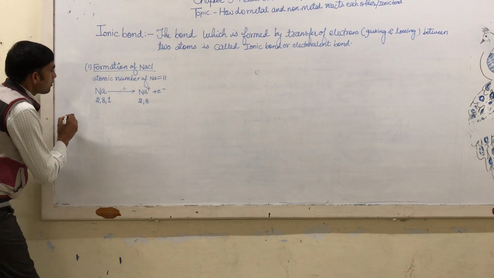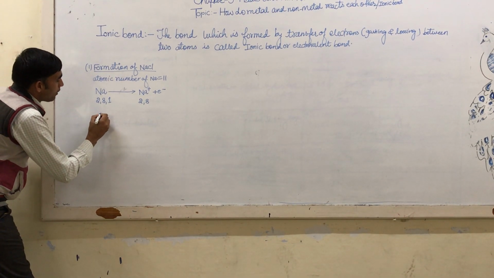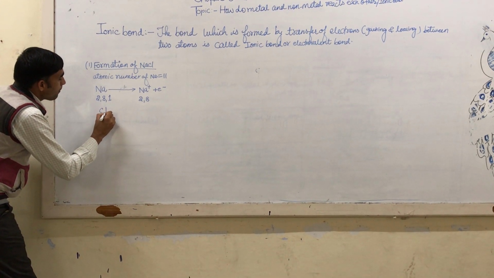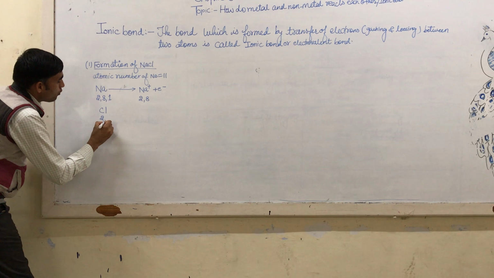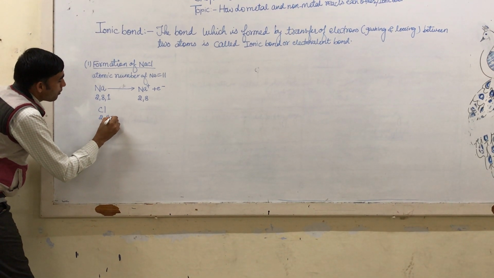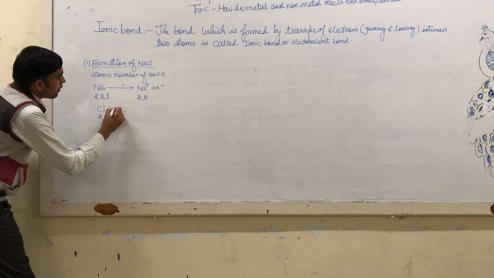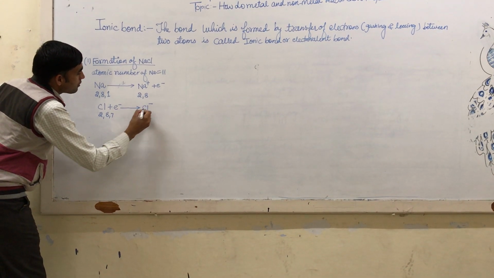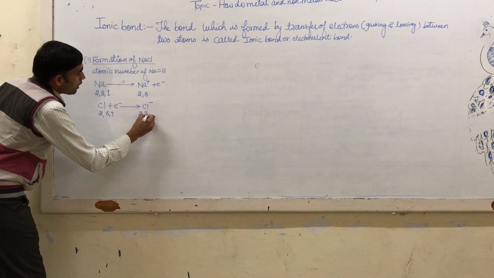The second is the chloride ion. The atomic number of chlorine is 17, so chlorine is 2, 8, 7, and it gains 1 electron and forms the chloride ion, Cl minus, and the number of electrons is 18 in the chloride ion.